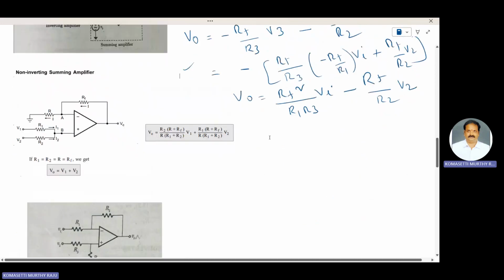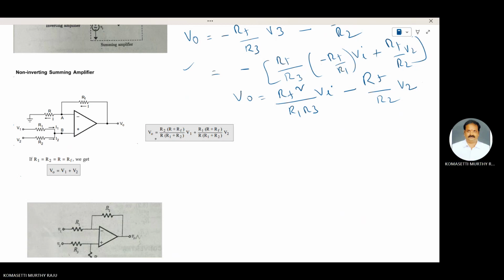Coming to non-inverting summer, V1 and V2, these are the two inputs to the non-inverting summer. These two voltages are applied to the non-inverting terminal of the op amp through R1 and R2. Therefore, this one is Rf and R. One more input is added here, V2.